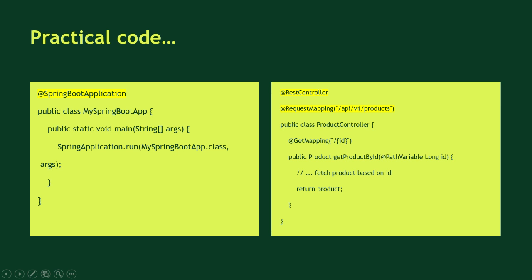Here you see there is a GetMapping. Here we are trying to fetch something based on the ID which we are passing. We'll look into some other annotations further, but these are the core annotations which you require when you're developing a Spring Boot application.